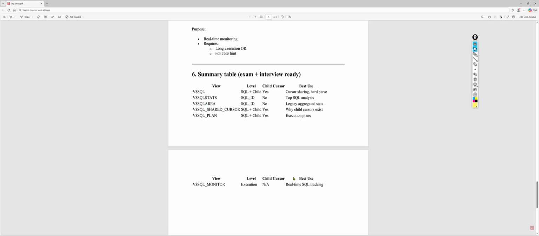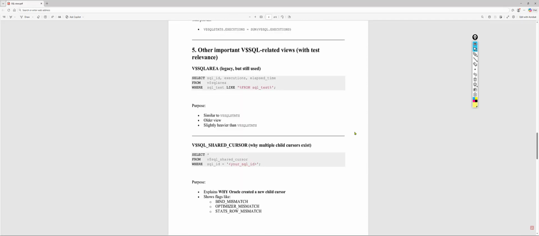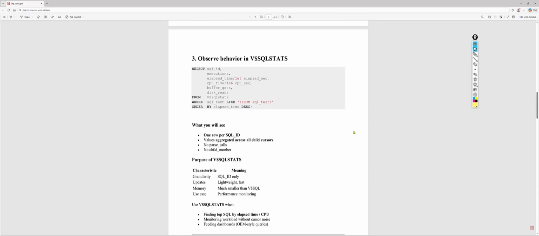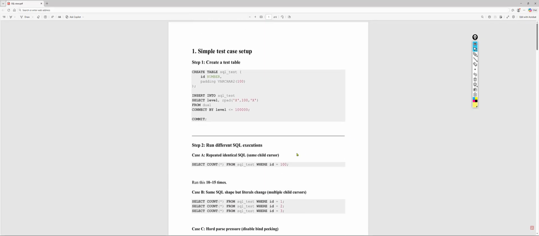So you can go and try monitoring the SQL statements with all these views for your practice. Okay, it will be useful for your interviews as well, and if you are going for any Oracle database certification exams, it may be useful.